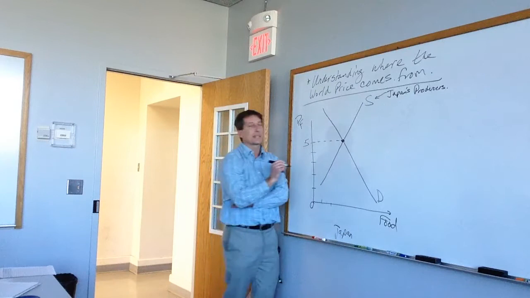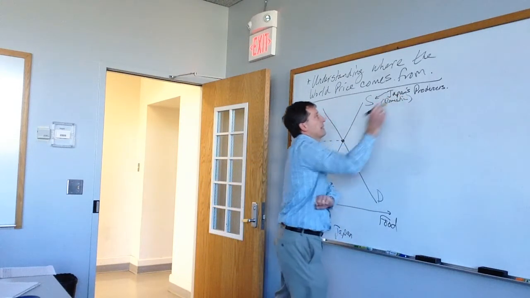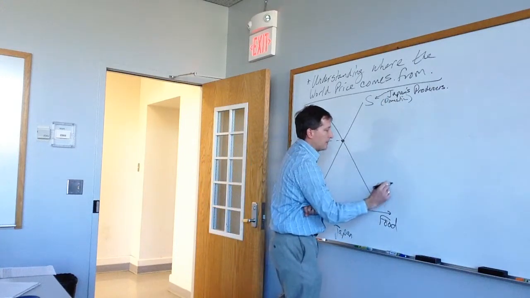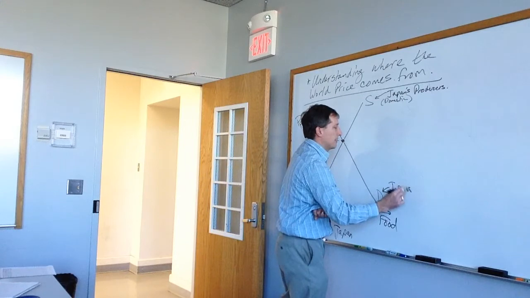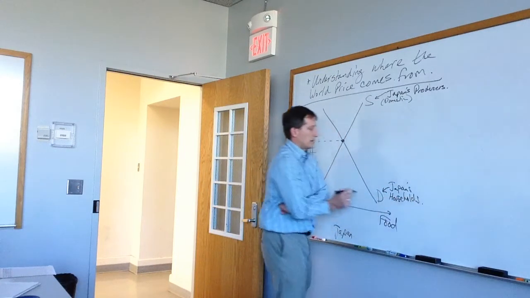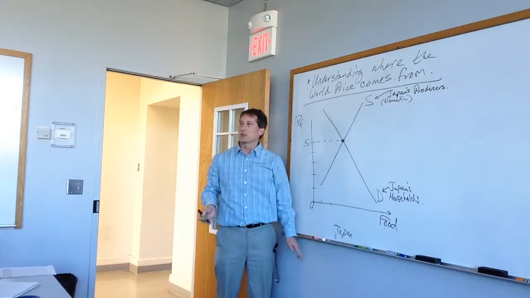They are the domestic producers. If we're looking at Japan, domestic production. And here we've got Japanese people, Japan's households. So we've got Japanese people interacting with Japanese producers.